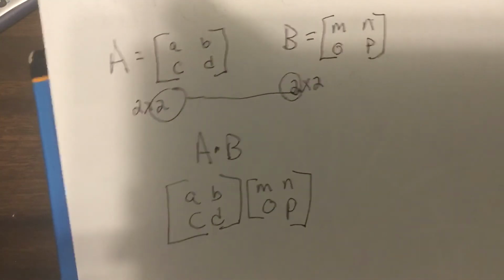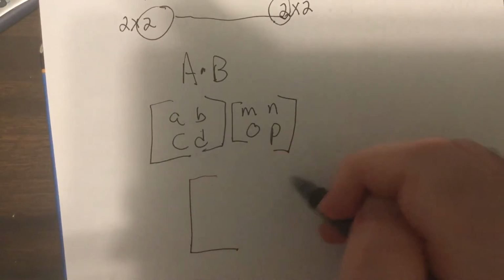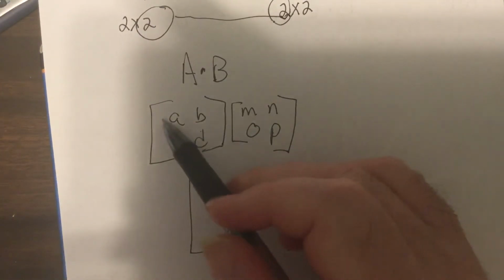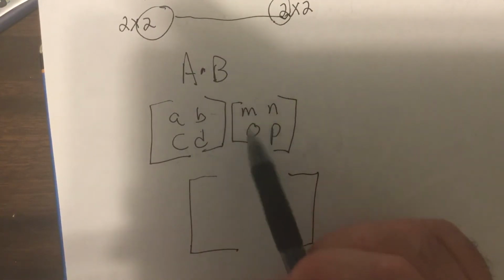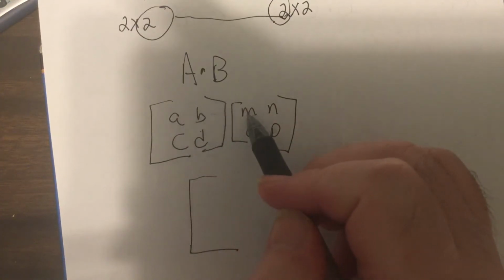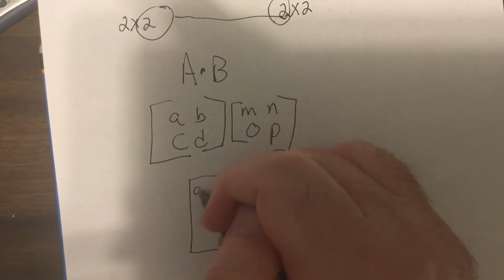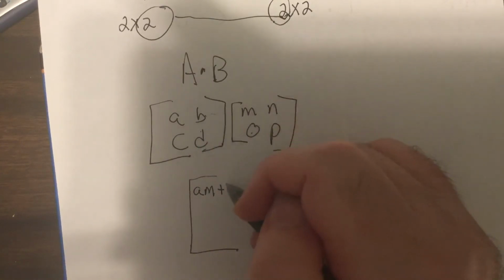Okay, here's how you do it. You take the first row, turn it, and multiply it to the first column. So it'd be AM plus BO.